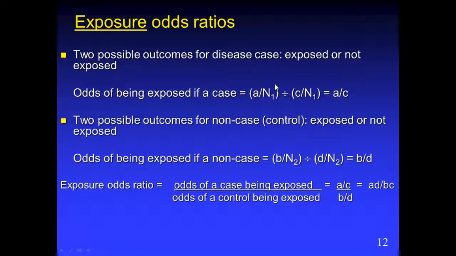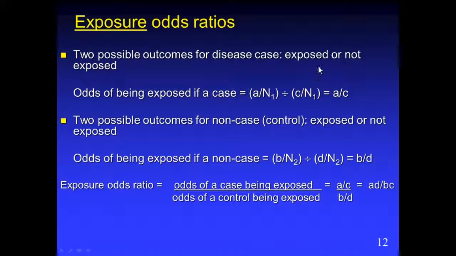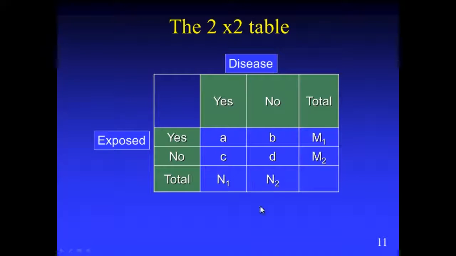If you think about the diseased cases, in other words, these people here, then they have two possible outcomes for exposure. They can be exposed or not exposed. So the odds of being exposed if you are a case are A over N1 divided by C over N1. We're just talking about the cases here.